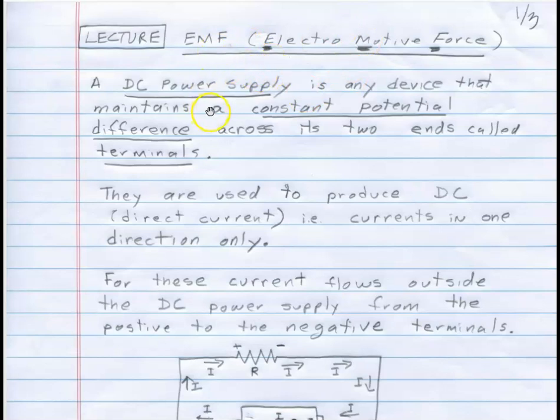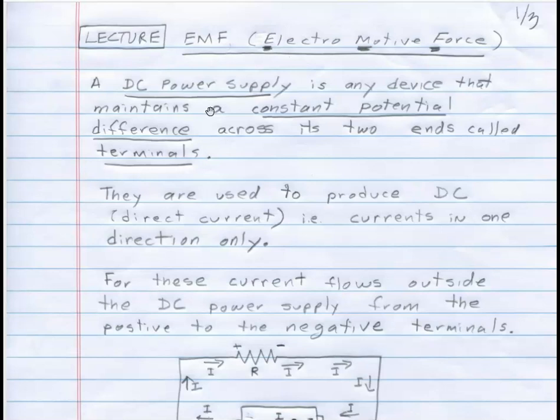So EMF. A lot of times they'll talk about these as DC power supplies. DC is direct current, but essentially a DC power supply is any voltage source that maintains a constant potential difference across its two ends, called its terminals. I'm sure you've seen these in the laboratory already, but we'll be looking at any DC power supply.